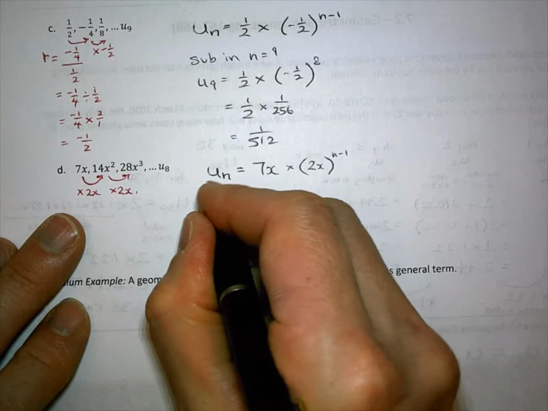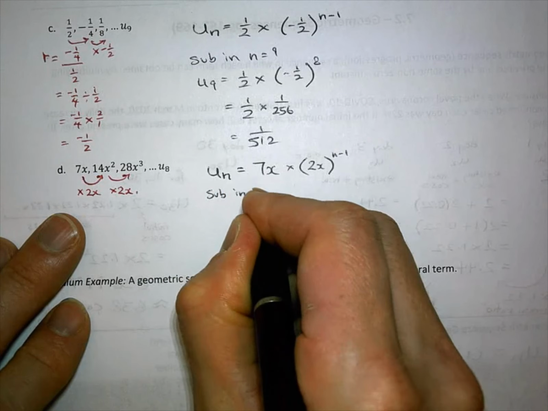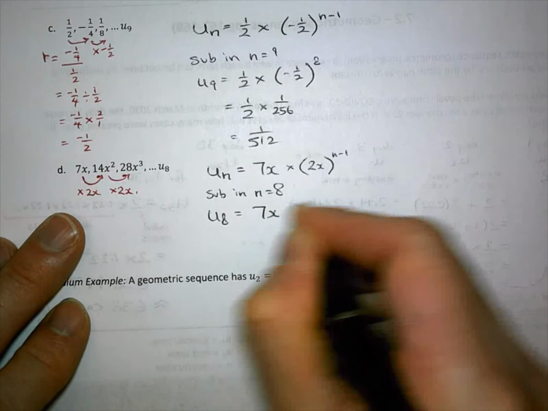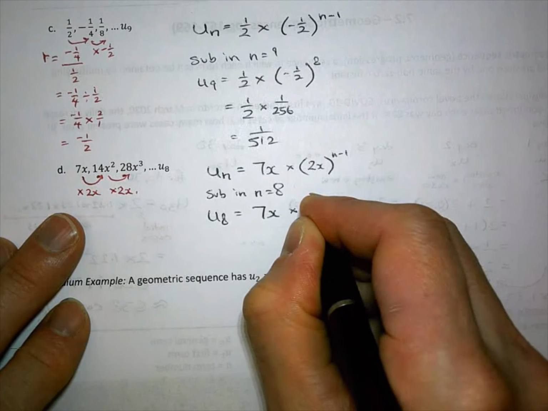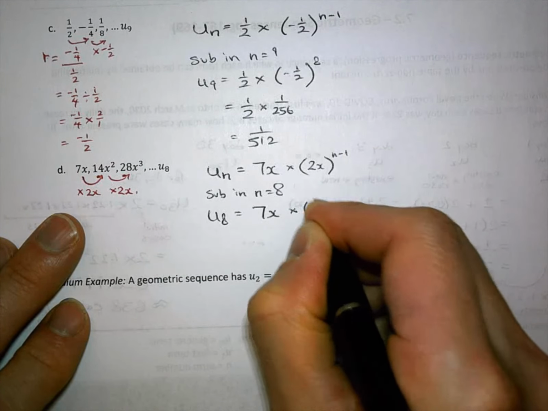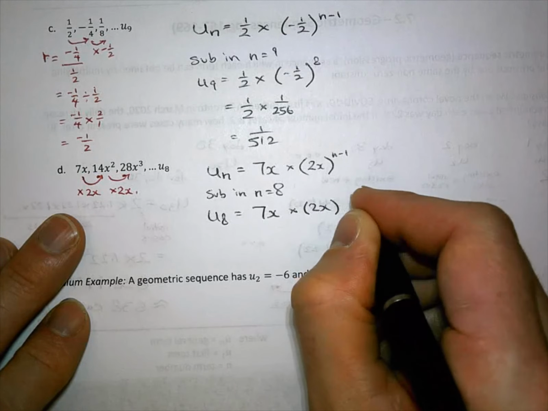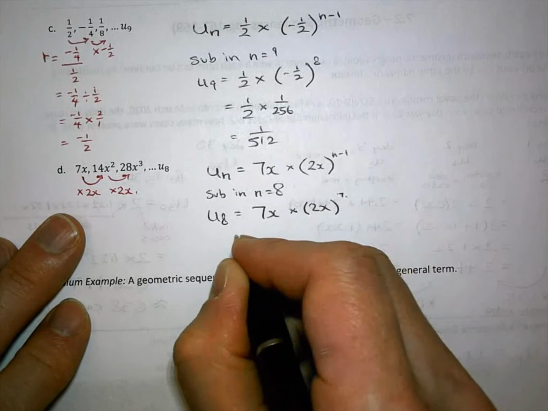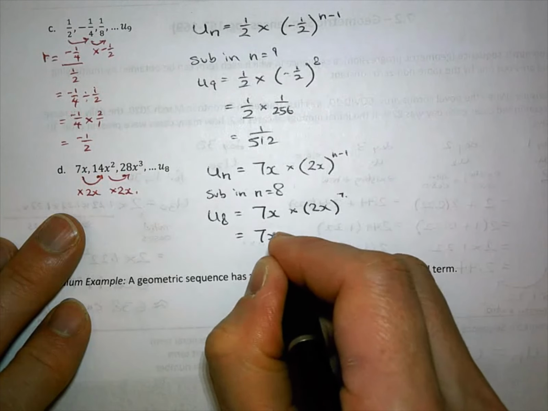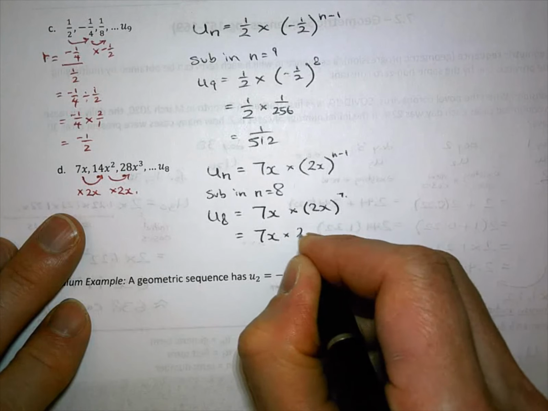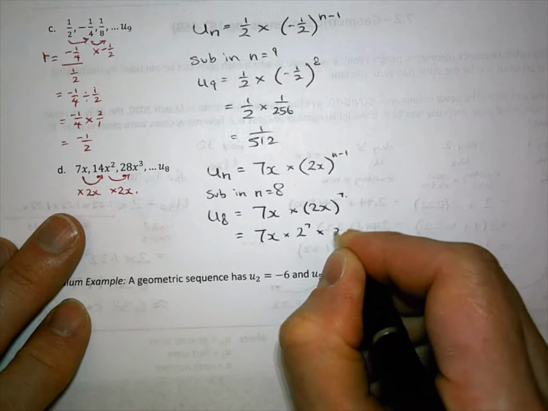So if you want to sub in n equals 8, you end up with u8 is equal to 7x times 2x to the power of 7. So that gives me 7x times 2 to the 7 times x to the 7.